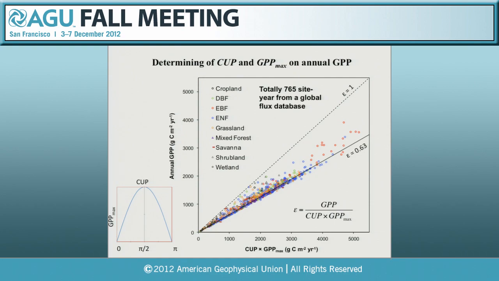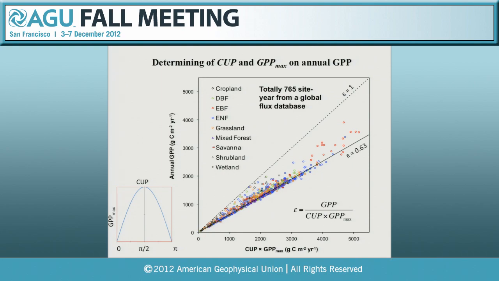We find this ratio is highly convergent to the value of 0.63. That's from 765 site-years of data from the global database. We don't know why.